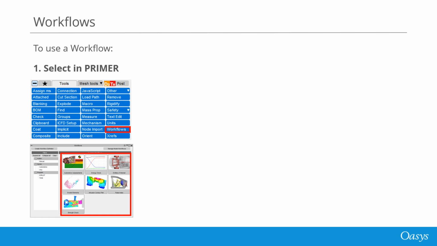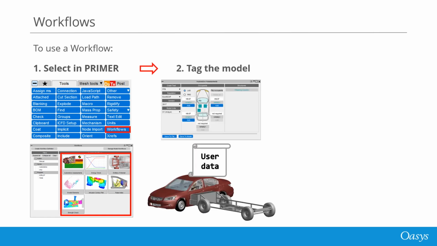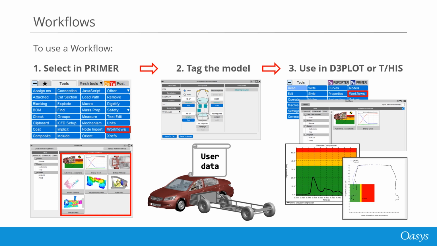While building LS-DYNA models in the preprocessor Oasys Primer, workflows enable CAE teams to tag models with user data, which is leveraged in the post-processors Oasys D3plot, THIS, and Reporter to surface relevant results and insight. I will talk more about this workflow user data later.